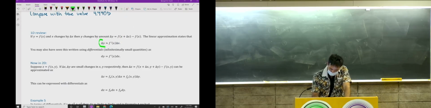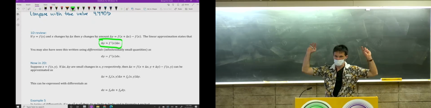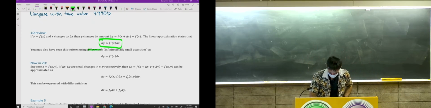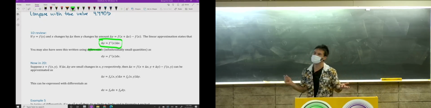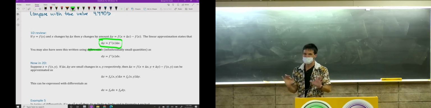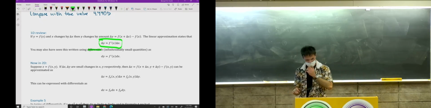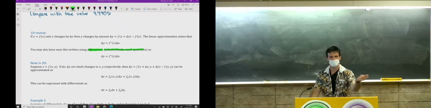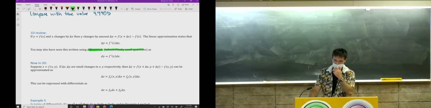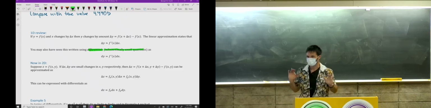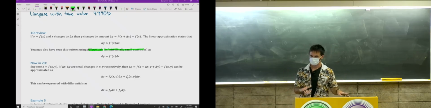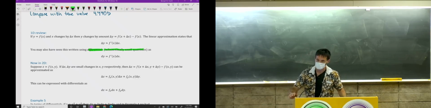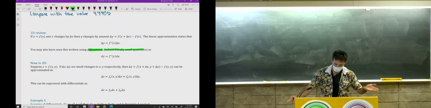You could also write this expression using so-called differentials. So maybe you've seen these before. They're a little bit weird. They're mainly just notation. So differentials are infinitesimally small quantities. Sometimes they're called infinitesimals. So they're not quite zero, but they're smaller than any other positive number.